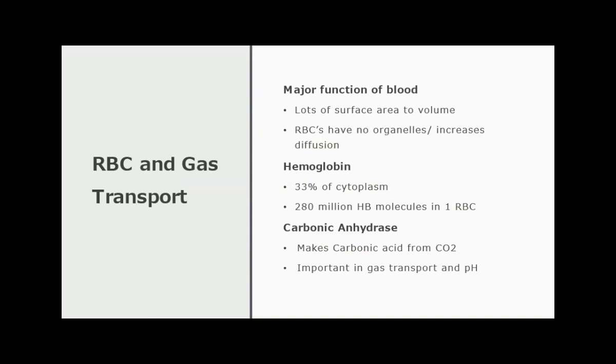The other thing that we see is gas transport. Okay. So I'd say the number 2 thing people think of is gas transport. It happens because of the structure of hemoglobin. Hemoglobin is the protein within the red blood cell that binds with oxygen.